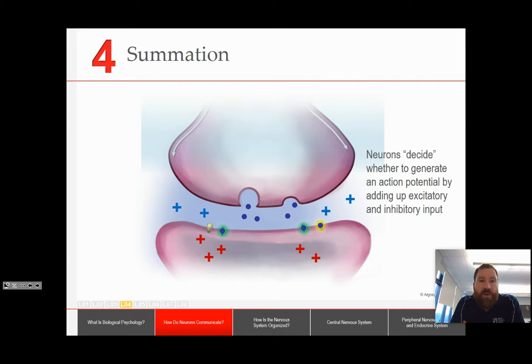It lands perfectly in a triangular shaped receptor site. That then causes the receiving neuron to open its ion channels and make it more likely to fire an action potential.